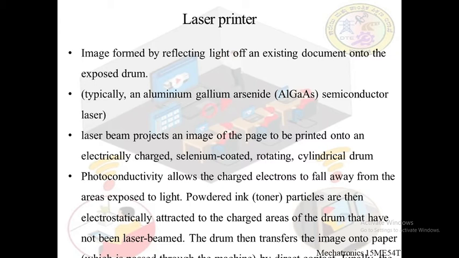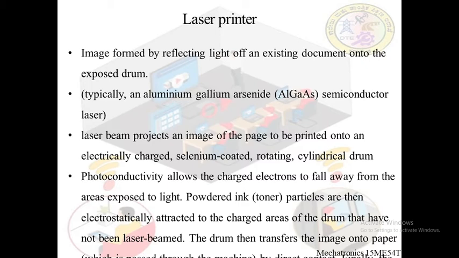Photoconductivity allows the charged electrons to fall away from the areas exposed to the light. The powdered ink, also called the toner, particles are then electrostatically attracted to the charged areas of the drum that have not been laser beamed.